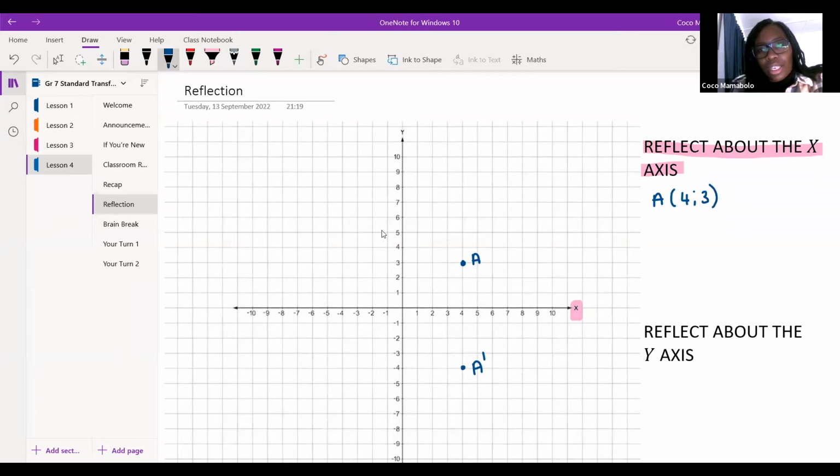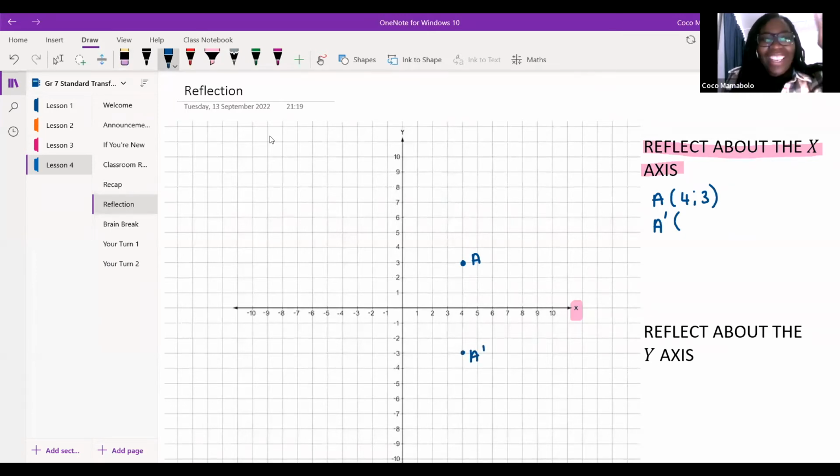Now, I want you guys to give me the coordinates for A prime. Trevor, Tato, and Asavella, remember your round brackets. They're very important. Okay, I'm sorry. Stop, everyone. I forgot, I made a mistake here.